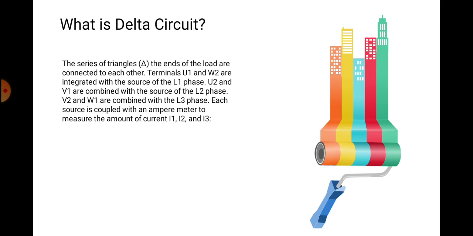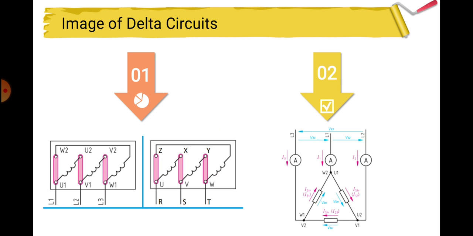V2 and W1 are combined with the L3 phase. Each source is complete with an ampere meter to measure the amount of current I1, I2, and I3. Image of delta circuit. This does not have a neutral phase.